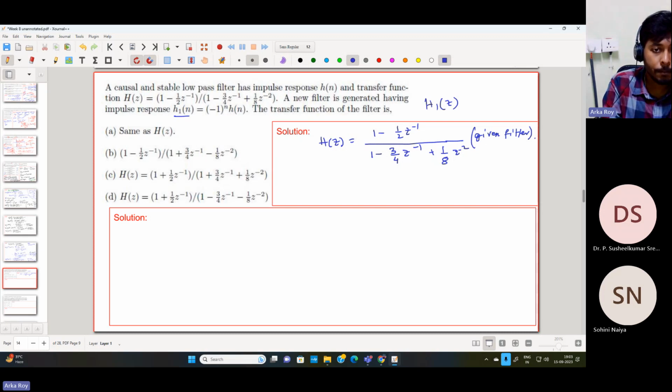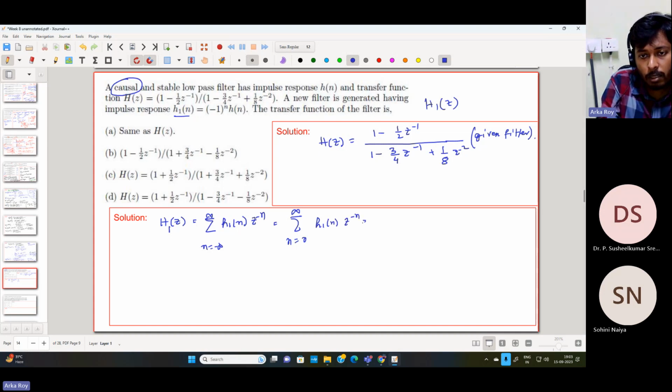Let us start by solving H1 of z equals the sum of h1[n] z to the power minus n, with n from minus infinity to infinity. But it is given that this is a causal filter. So as it's causal, we can start from n equals 0 to infinity of h1[n] z to the power minus n. So therefore it would be minus 1 to the power n h[n] z to the power minus n, with n equals 0 to infinity.